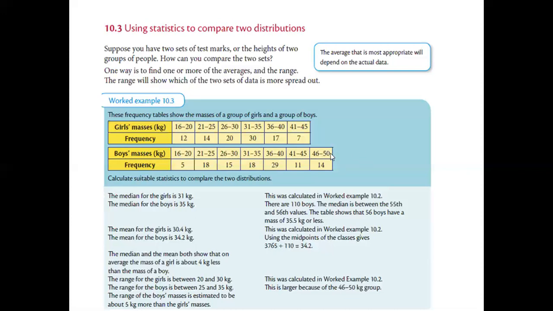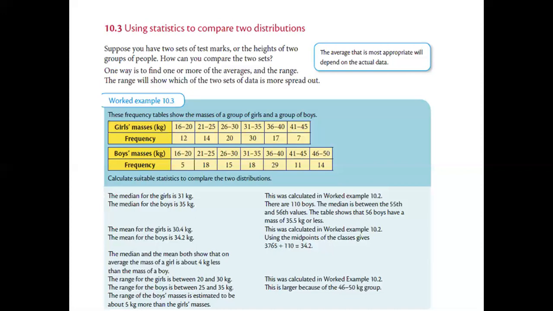The difference of 50.5 and 15.5 is 35, and 46 and 0.5 minus 20.5 is also 25. The range of the boys' mass is estimated to be about 5 kilograms more than the girls' mass.